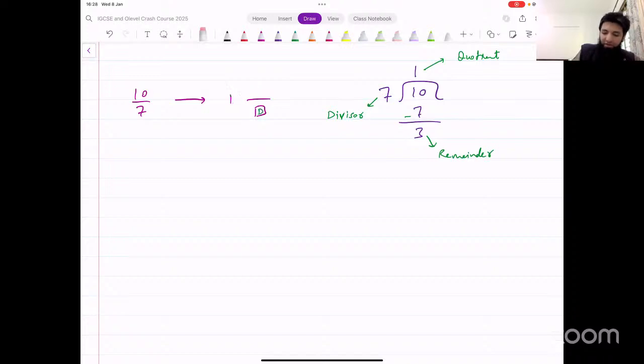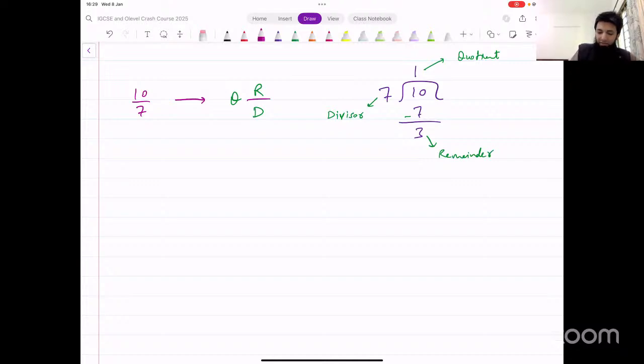Let me write it a bit bigger. So we can write it in this form such that we have the quotient here. The remainder is in the numerator, and the divisor is in the denominator. So Q R over D, like this. Okay?